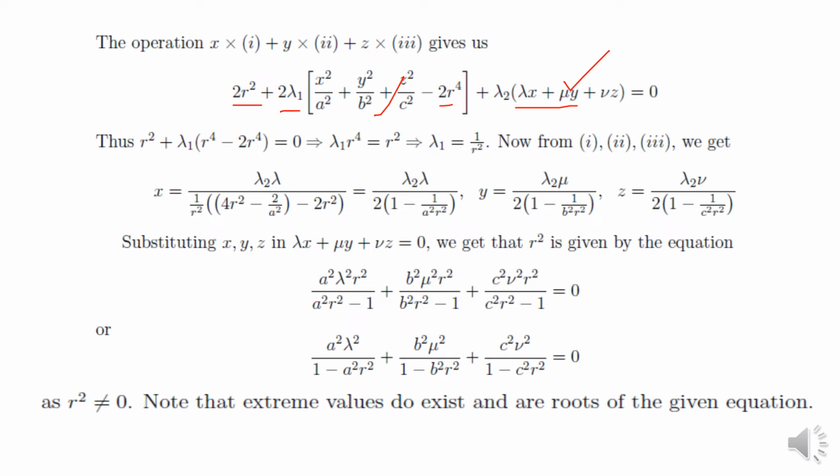Twice we can take, equal to 0, meaning cancelled out, and then here lambda 1 comes out equal to 1 upon r square. So we got that from here. Now from the first, second and third equations we get x1. Once we have lambda 1, we can find x1. So x1 has been written. Then further simplify it.